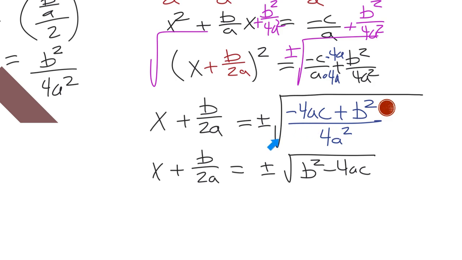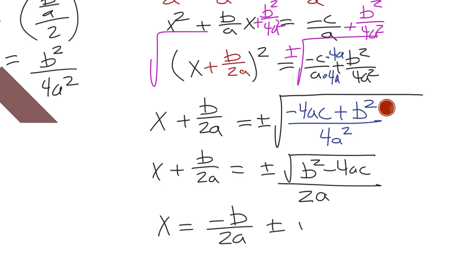And then if we think about what is the square root of 4, well, that's 2. And what is the square root of a squared? It's going to be a. So that's 2a. Now, if you look at that, we're just going to move this to the other side by subtraction. So it's negative b over 2a plus or minus the square root of b squared minus 4ac all over 2a.